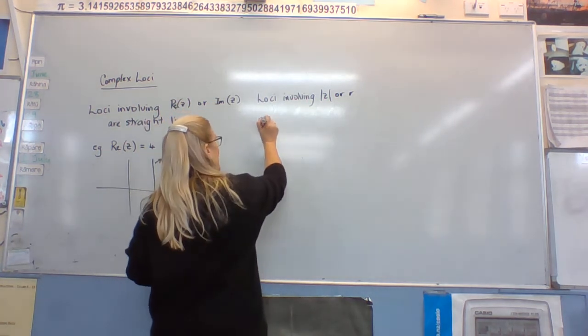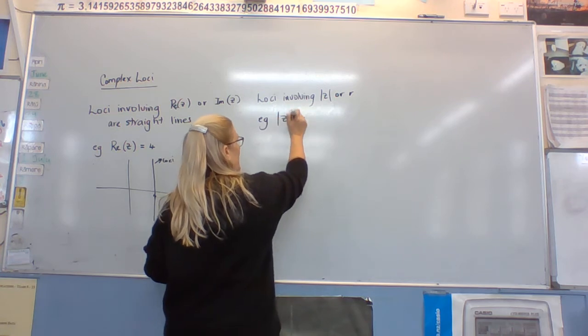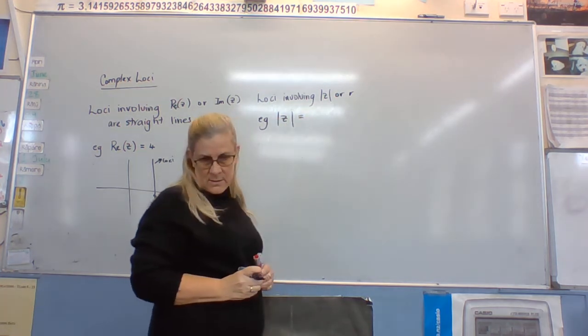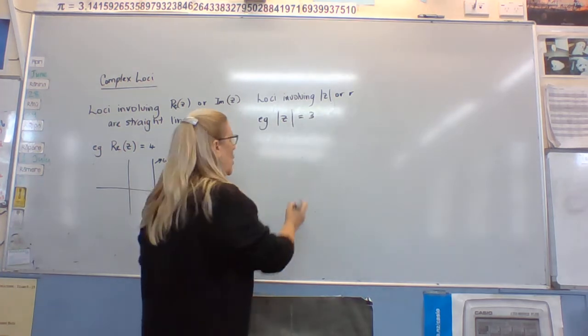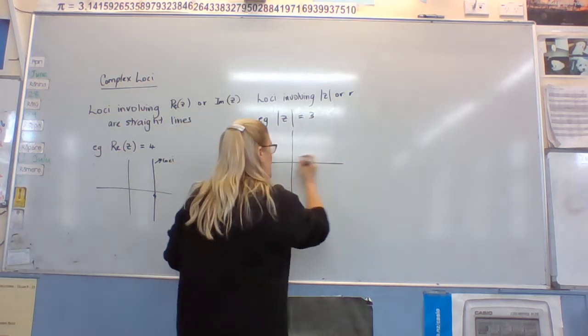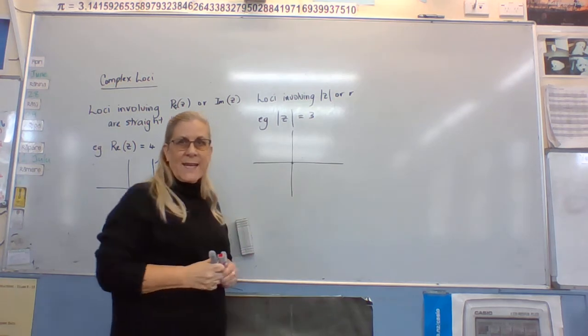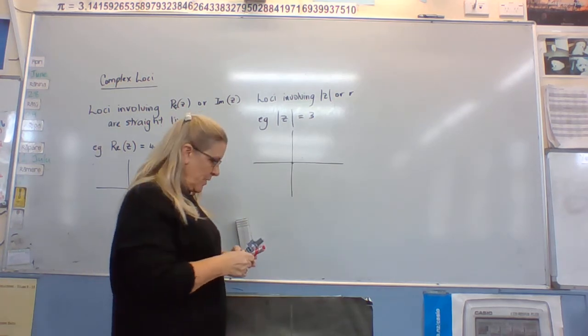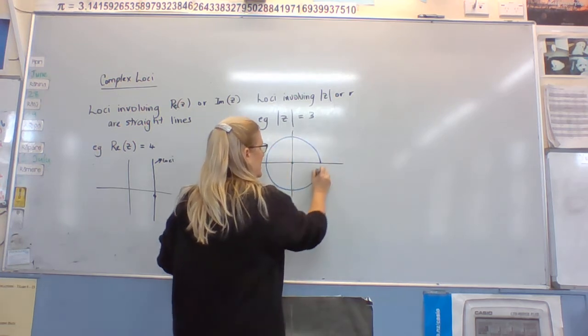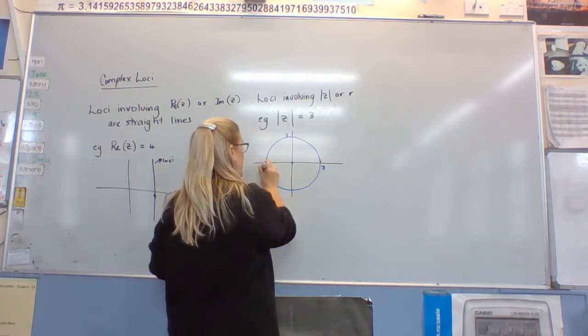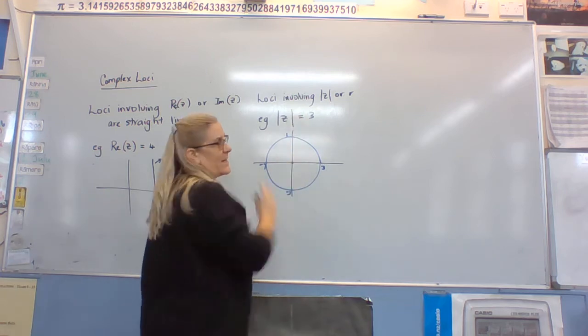So if they say something like the complex number where the modulus is 3, so any complex number that is 3 away from 0, what does that give you? Correct, a circle. That is 3 away. So anything on the circle that is 3 away is the answer to that.